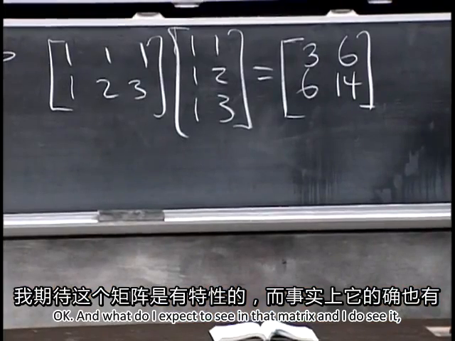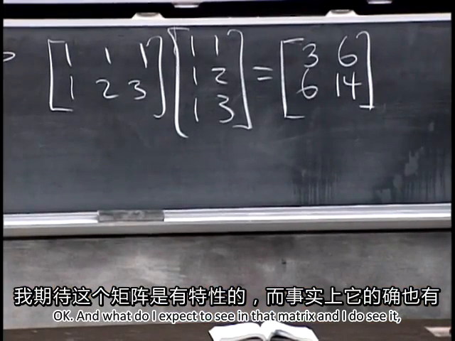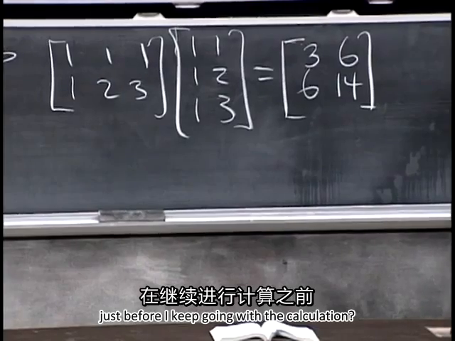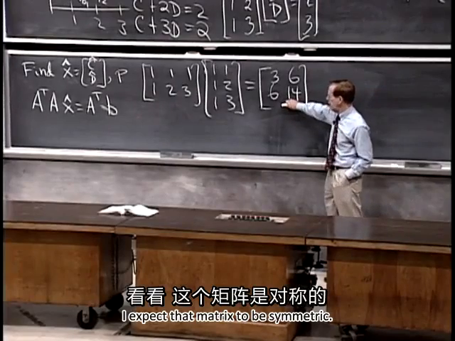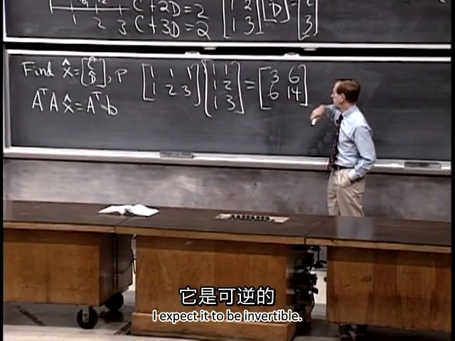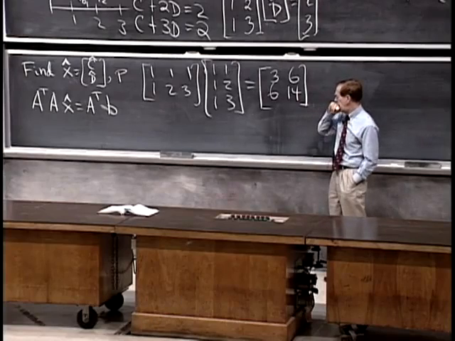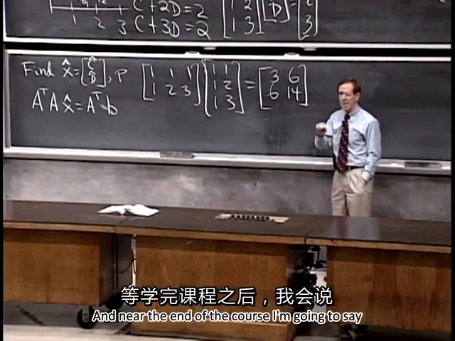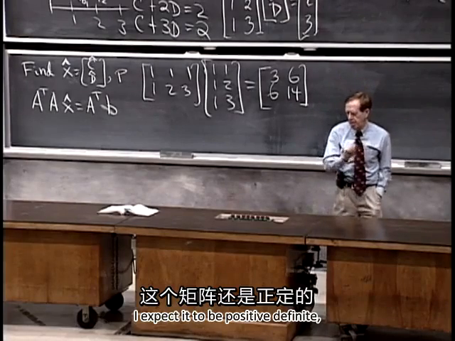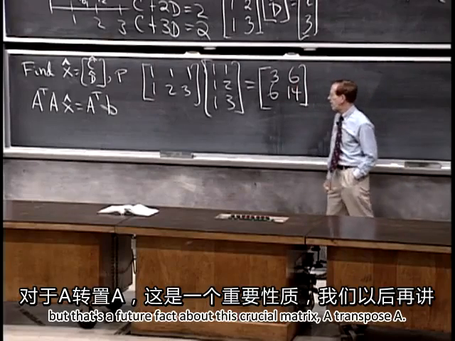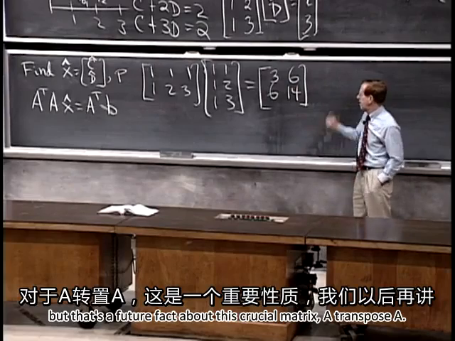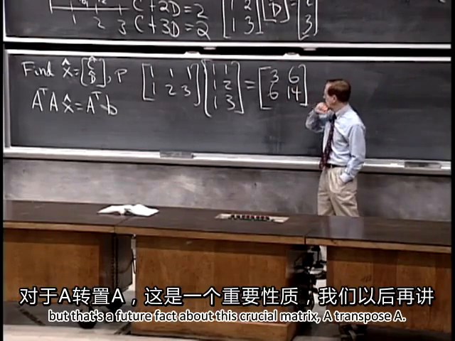And what do I expect to see in that matrix? I expect that matrix to be symmetric. I expect it to be invertible. And near the end of the course, I'm going to say I expect it to be positive definite. But that's a future fact about this crucial matrix A transpose A.